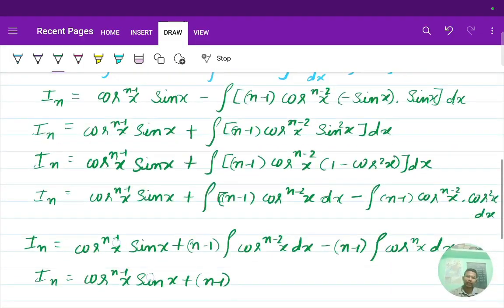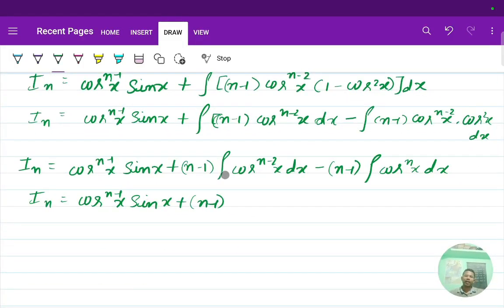By considering this, we can write integration cos power n minus 2 x dx as I_(n minus 2), minus n minus 1 times, by equation 1, we can write this as I_n. Then I_n is equal to, did you understand up to here?